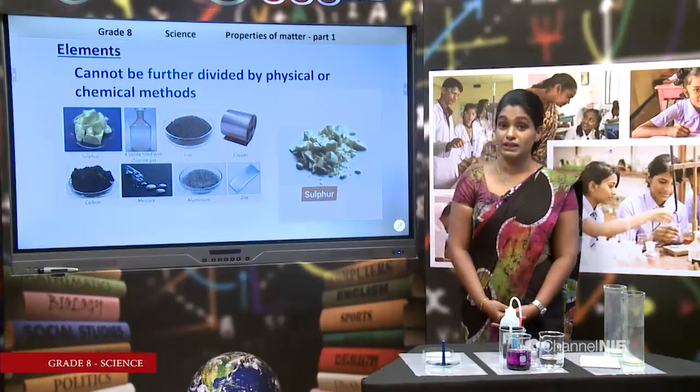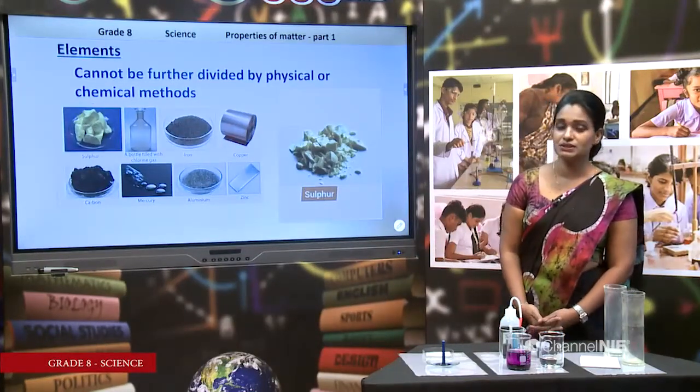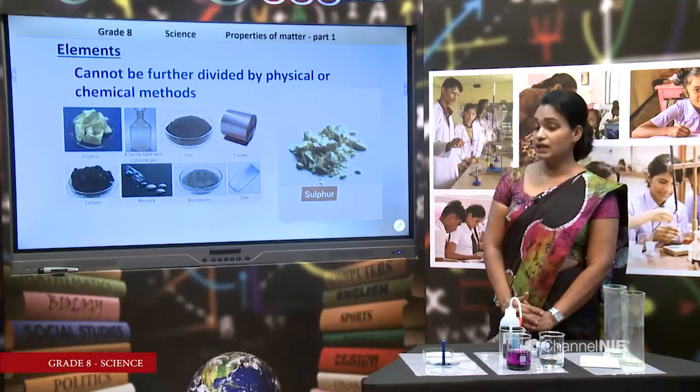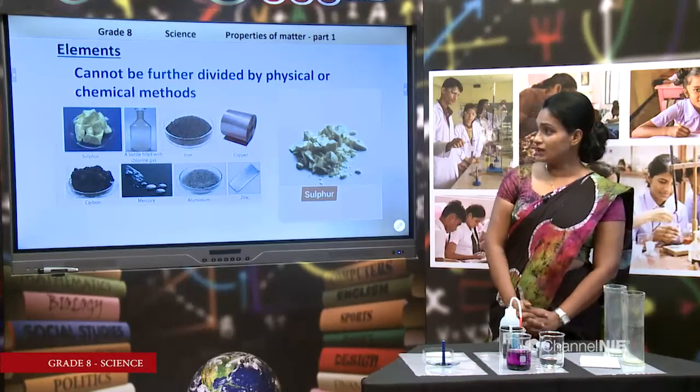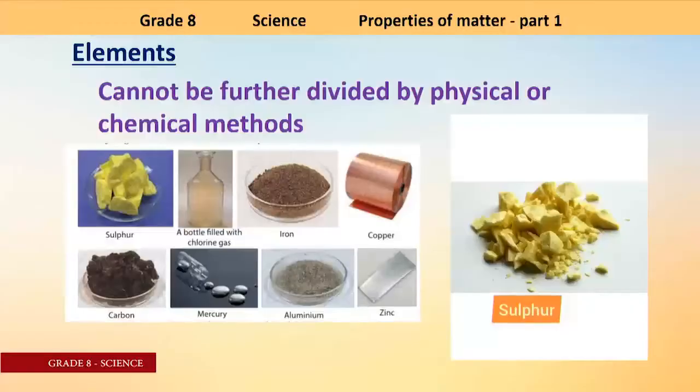Here in your textbook, you have been given examples. Actually, there are 8 examples in your textbook for the elements like this: sulfur, chlorine gas, iron, copper, carbon, mercury, aluminium and zinc.